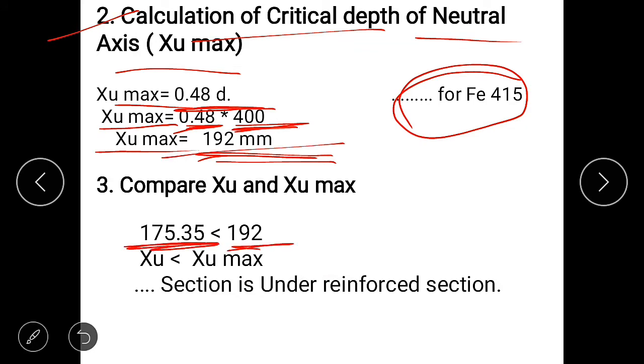So Xu max is greater than Xu, so the section is an under reinforced section. In the third step we compared Xu and Xu max. From this we decide whether our section is a balanced section, under reinforced section or over reinforced section. This depends on the condition of Xu and Xu max. So Xu is smaller than Xu max, it is called an under reinforced section.